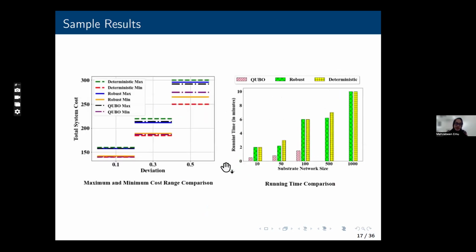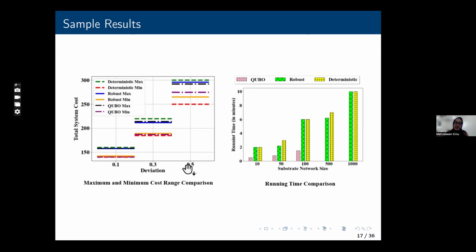Looking at the results, we can see that even when the uncertain parameters deviate by 10%, 30% or 50% from their nominal ranges, and even with growing uncertainties, the minimum and maximum cost range gives us an idea about the reliability of the approach.